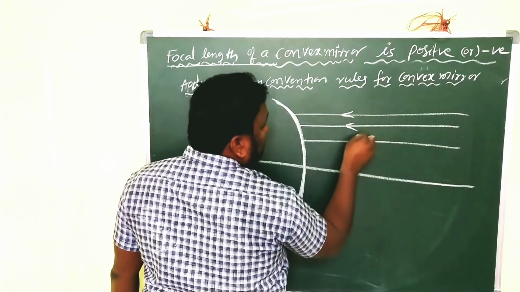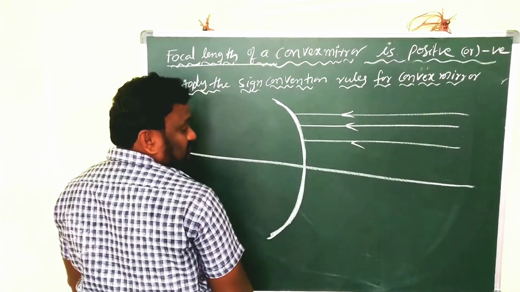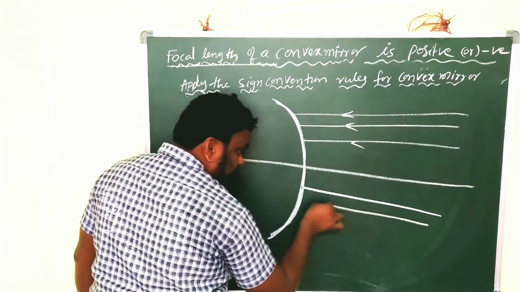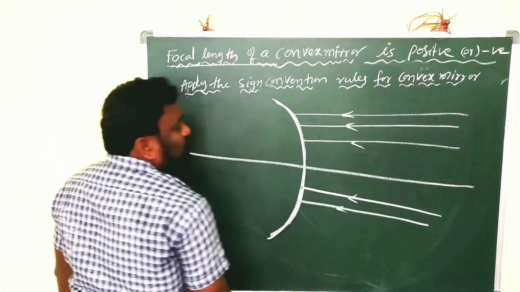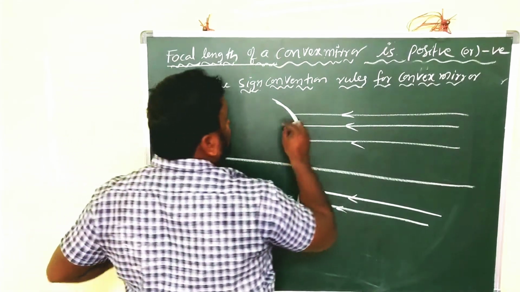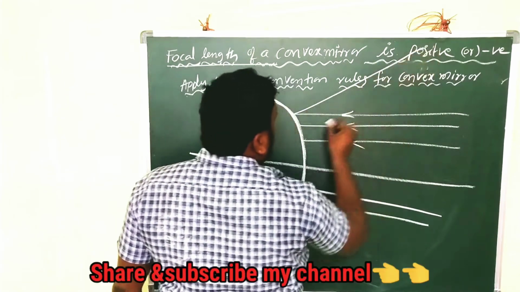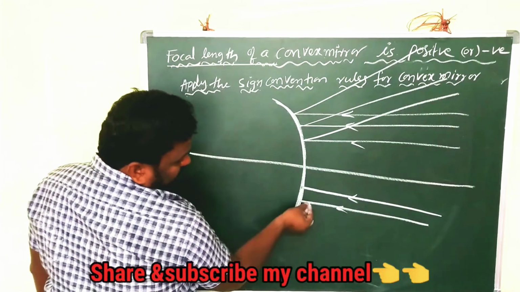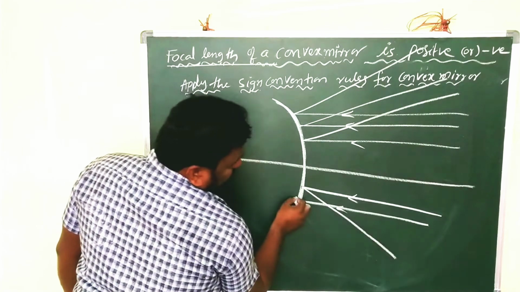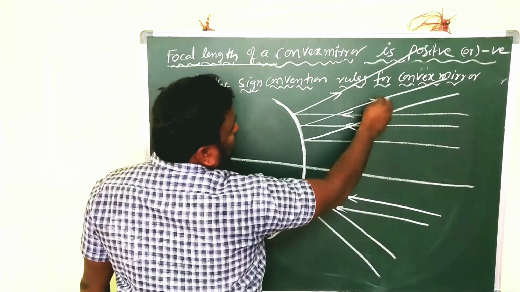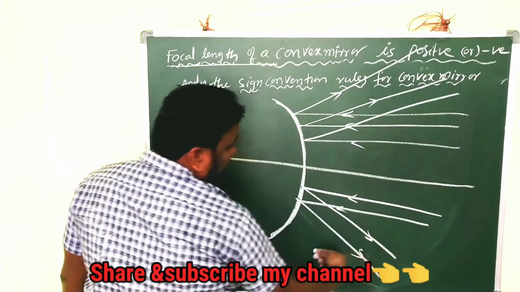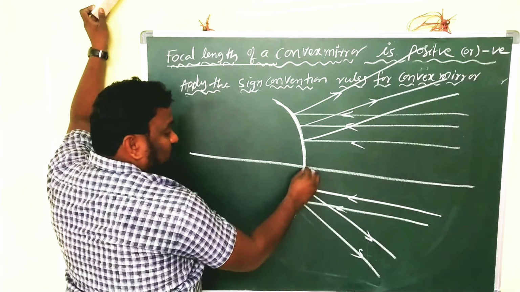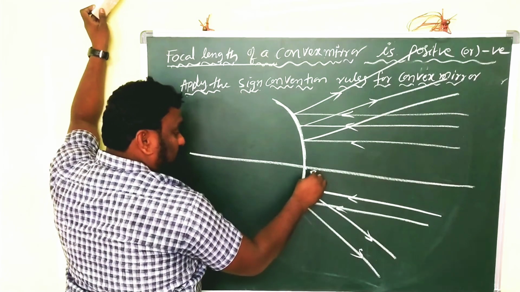After that, the light rays are going to be reflected. These are the reflected rays. And this is the pole.